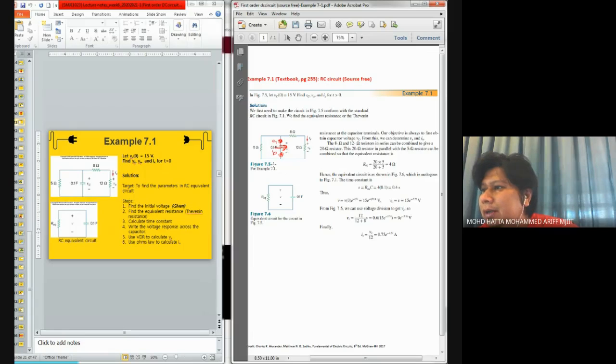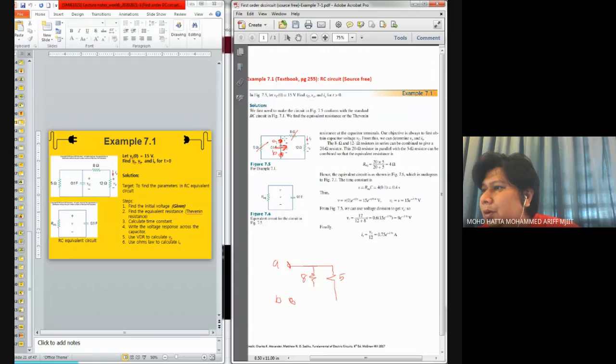If you look at the circuit, this is A, and maybe this is B. From A, I have two branches: the first is 8 ohm and the other is 5 ohm.